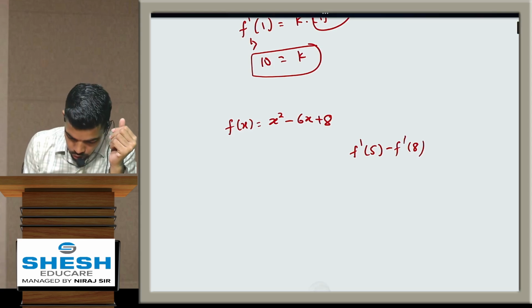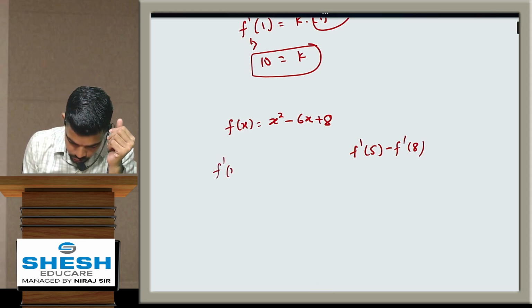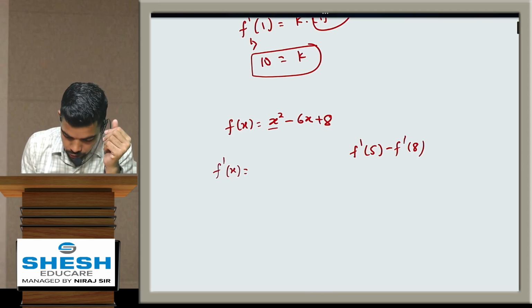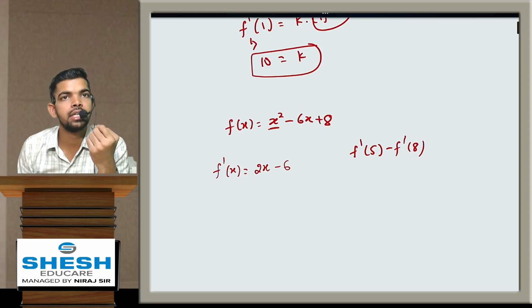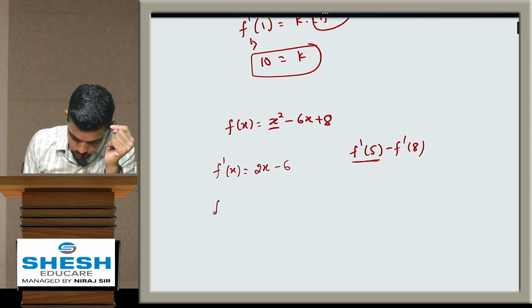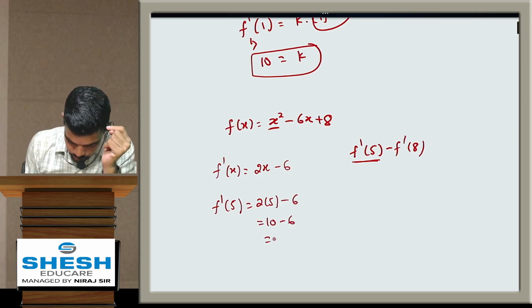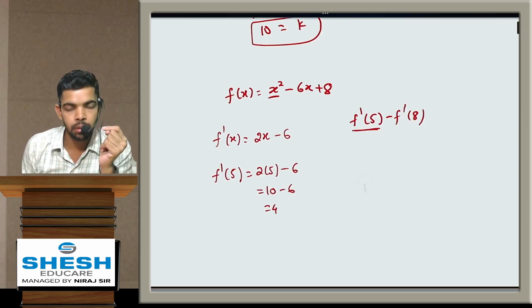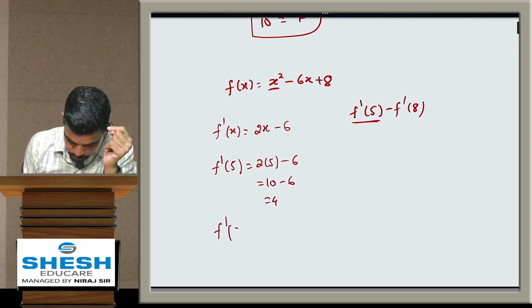Okay, so first find the derivative f dash of x, which is derivative of x square is 2x minus 6. Derivative of x is 1. Now we want to find f dash of 5. So 2 into 5 minus 6, which is 10 minus 6, which is 4. Similarly, find f dash of 8, which is 2 into 8.